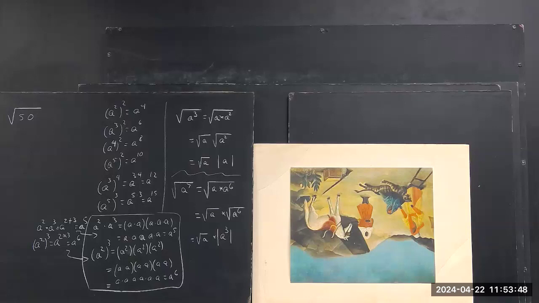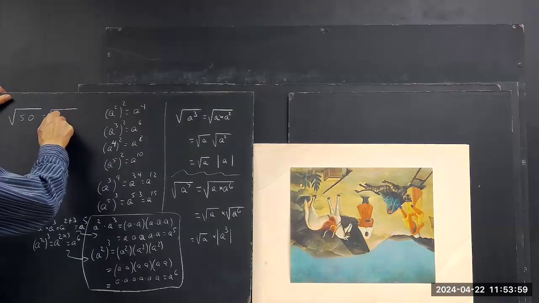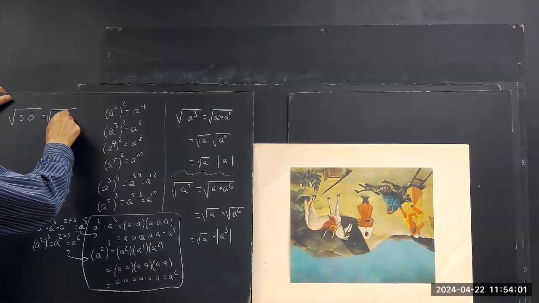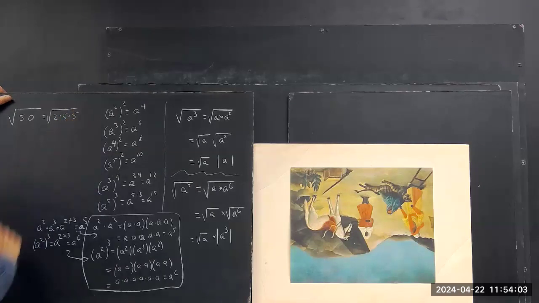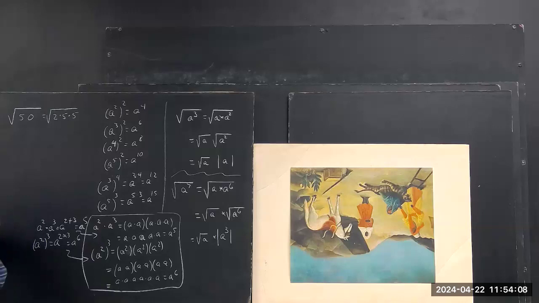Okay, now you might need to review prime factorization. Square root of 50 is square root of 2 times 5 times 5.